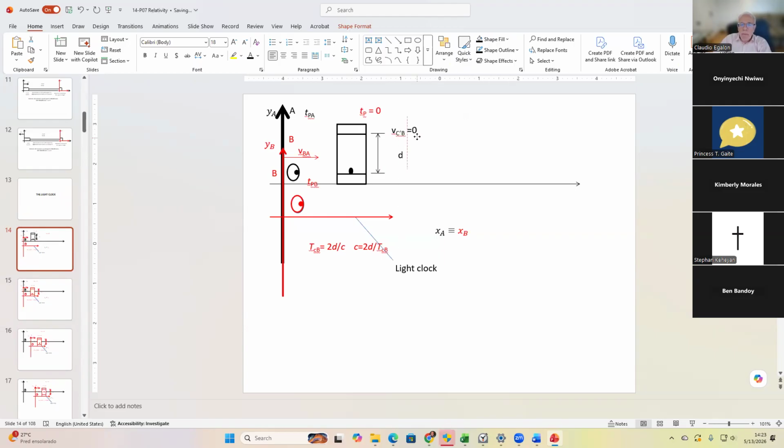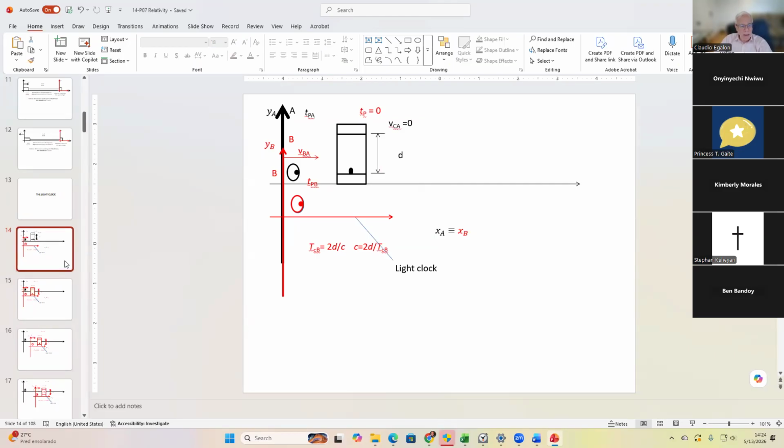It's the same notation that we used back in physics 6. Velocity of clock C with respect to referential A is 0, okay? This clock is at rest with respect to this referential A.